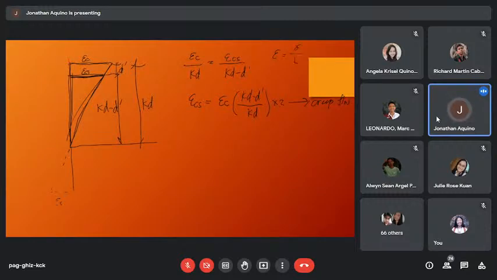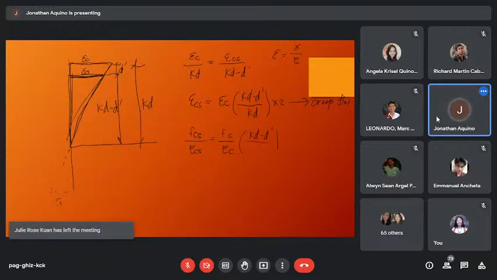is equal to stress over modulus of elasticity. So ease of CS, strain of compression steel, or just simply FCS divided by modulus of elasticity of steel is equal to, so this EC is just simply equal to FC divided by ease of C, times KD minus D prime over KD, times 2.